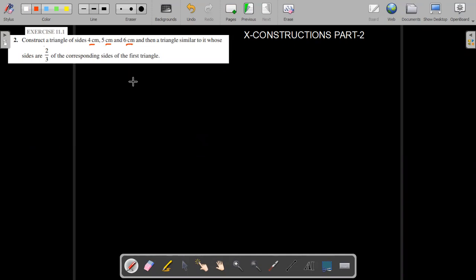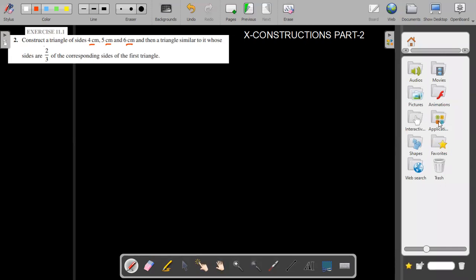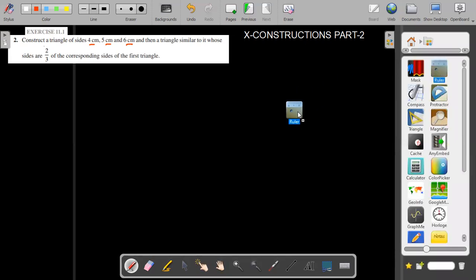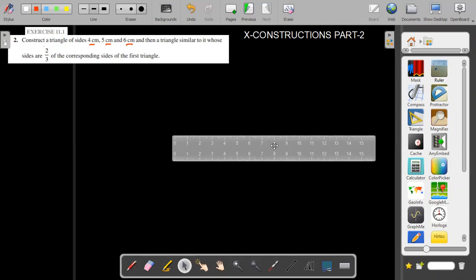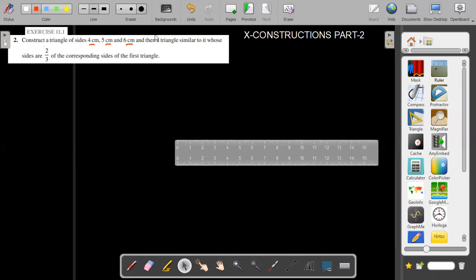Whichever side is bigger, we draw that side first. So draw the 6 centimeter side first.